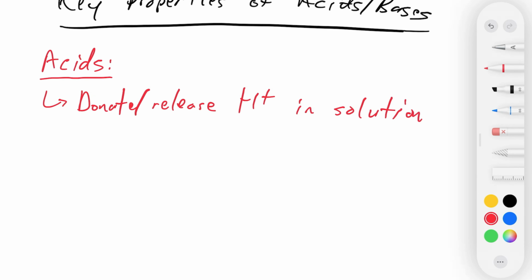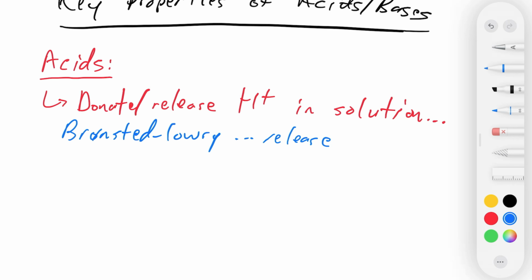But according to Bronsted, it's not really about the H+ necessarily. According to Bronsted and Lowry, they release protons, and we're going to see when you get into university that under Lewis acids that makes sense, and stuff like Al3+ or aluminum nitrate is actually quite an acidic solution.